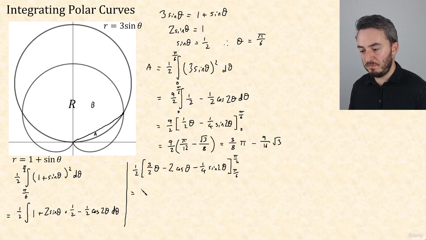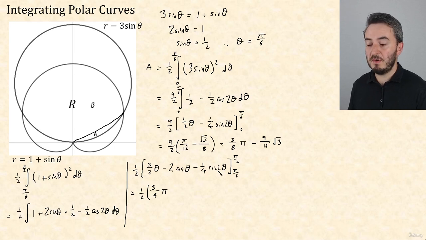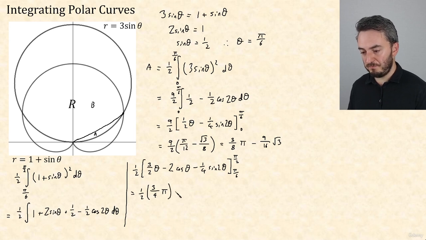So subbing in pi over 2, I've got half, and 3 over 2 times pi over 2 gives me 3/4 pi. Cos of pi over 2 is 0, so that's 0. And then sine, well, 2 times pi over 2 is pi, and sine of that is 0. So that's all we get there. Then when I sub in pi over 6, so 3 over 2 times pi over 6 is a quarter pi.